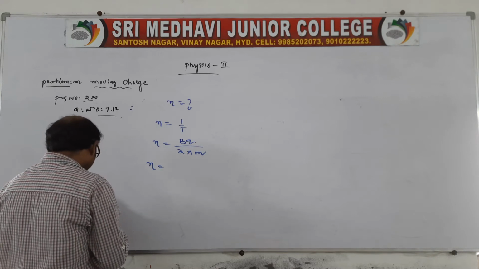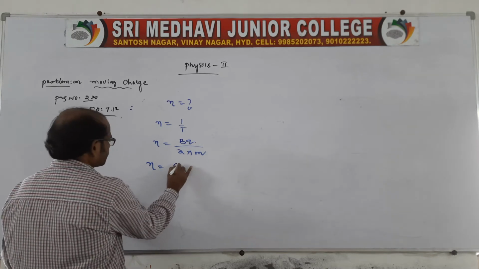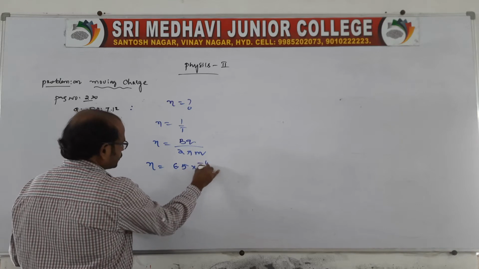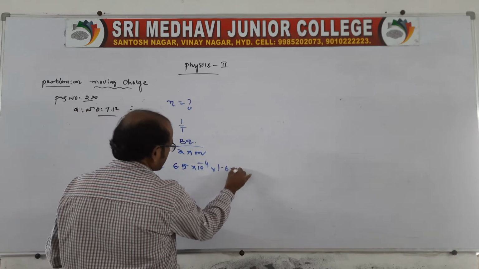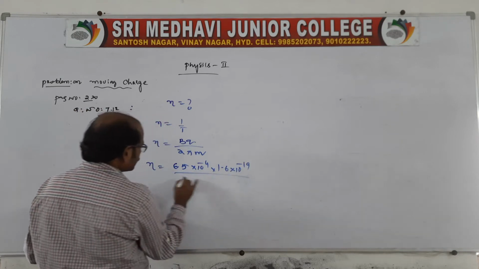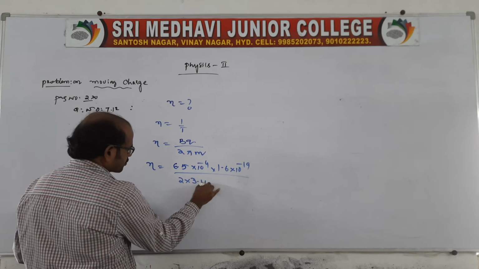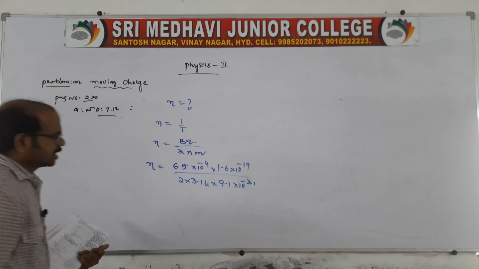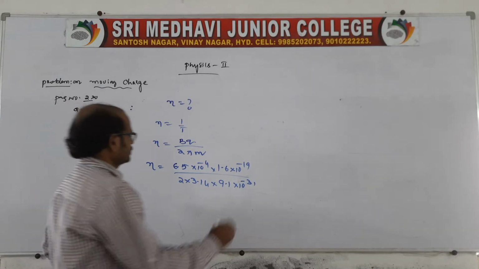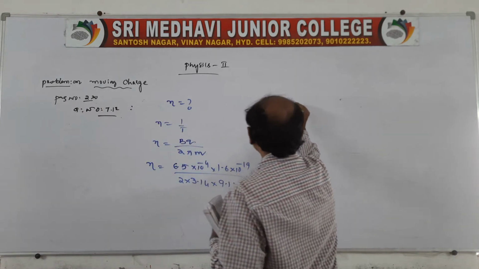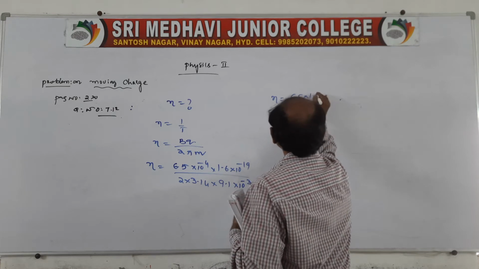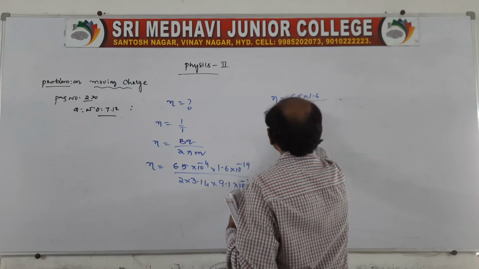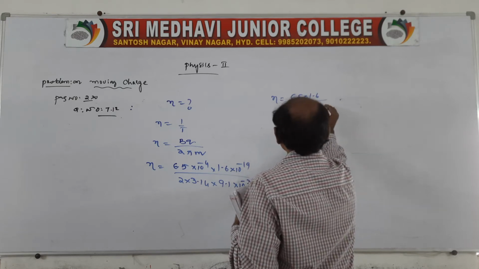In the above problem we need to take B as 6.5 into 10 power minus 4, Q as 1.6 into 10 power minus 19, 2 into 3.14, and mass as 9.1 into 10 power minus 31. Again, first take all the 10 powers together, by 2 into 3.14 into 9.1.